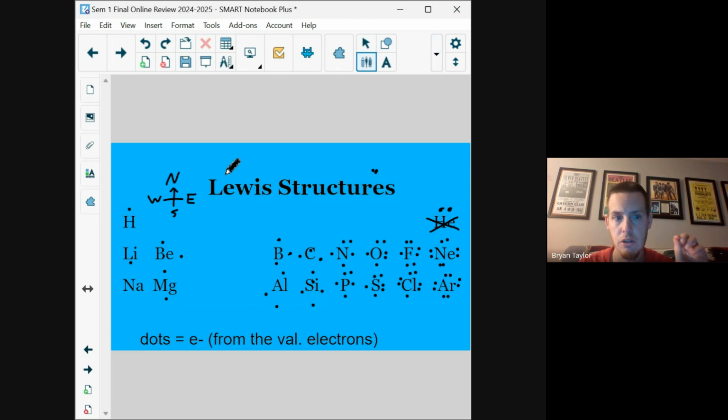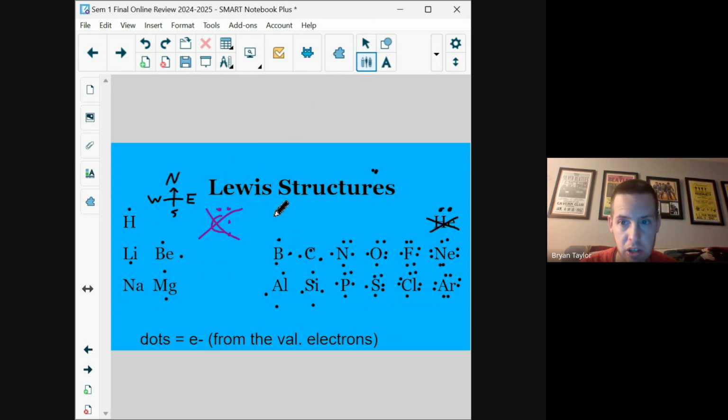My students in my non-honors class did really, really well with Lewis structures. The reason they did well is they're not doing stuff like this. That's wrong. You're not going to pair up right away. Electrons are all negative, so they repel. They're not going to want to be that close together.